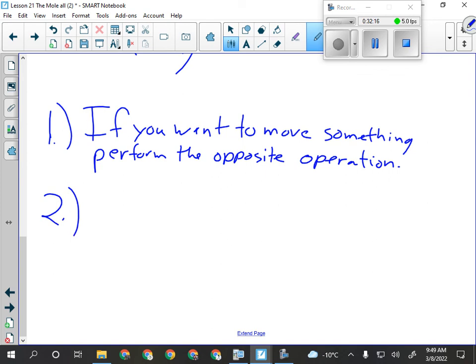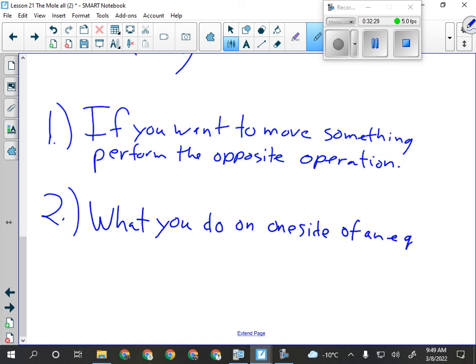Second rule of algebra: what you do on one side of the equation must be done to the other.